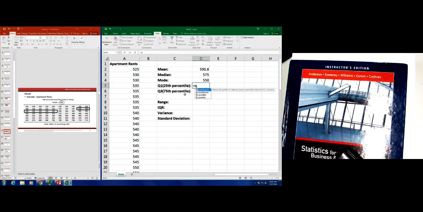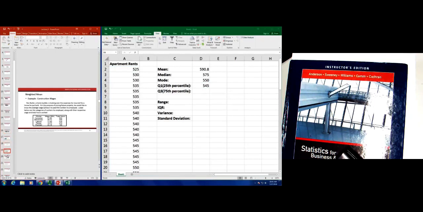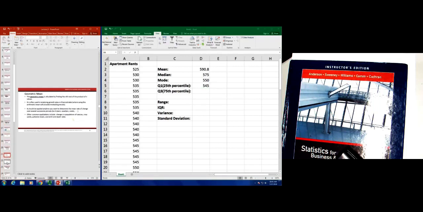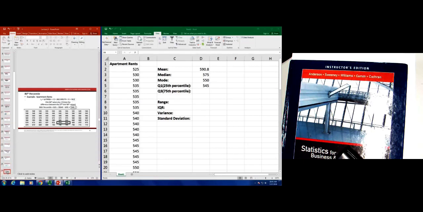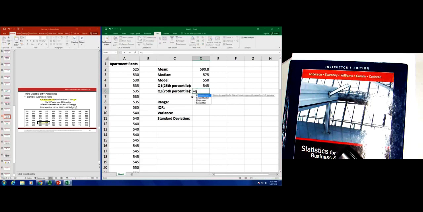First quartile is $545. Then the 75th percentile, which is the third quartile.